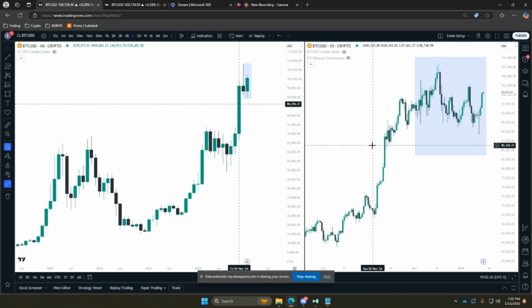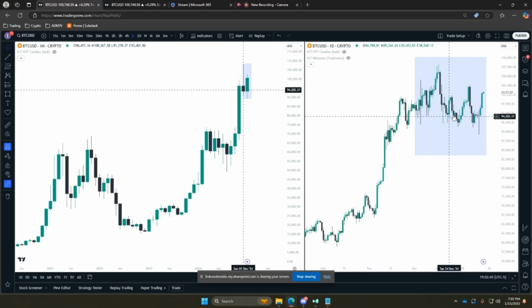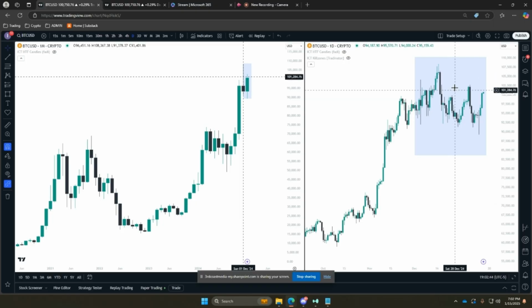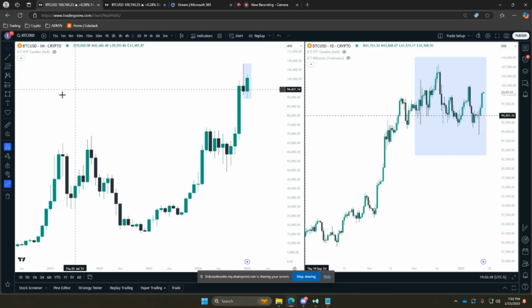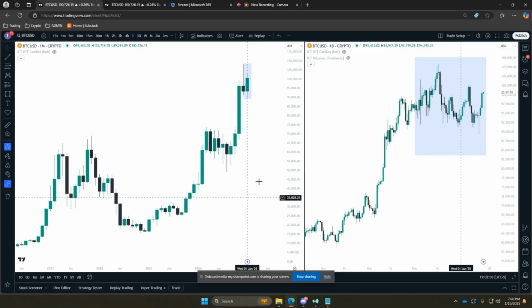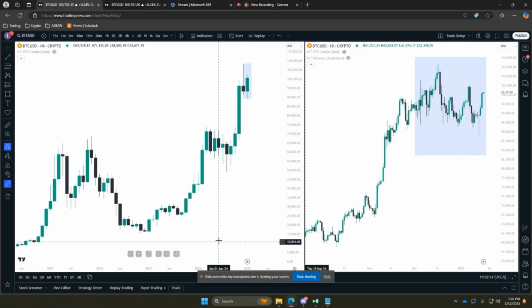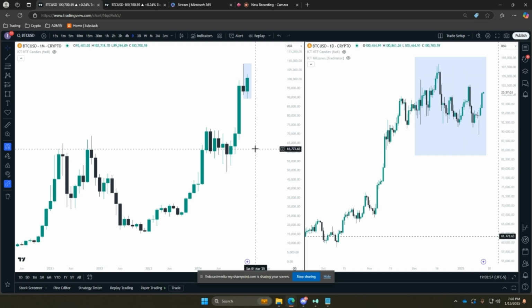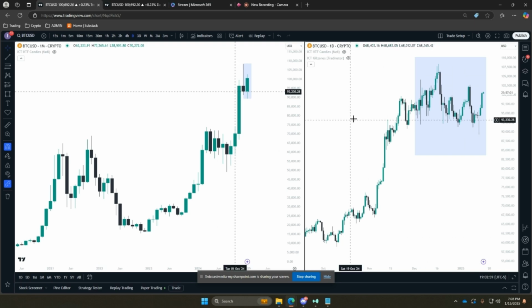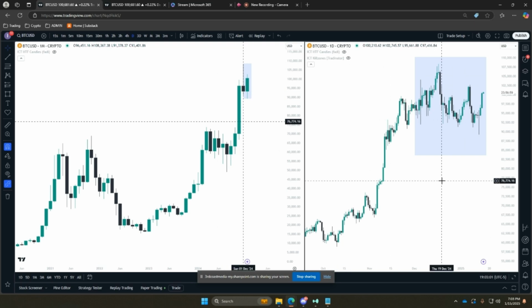So you can see if you align the time frames correctly, it's pretty powerful, and you're able to get a better picture of what's going on in the grand scheme of things. You can see from the top down, the left chart is the higher time frame, the HTF, and the right side would be the lower time frame, which is the daily chart.